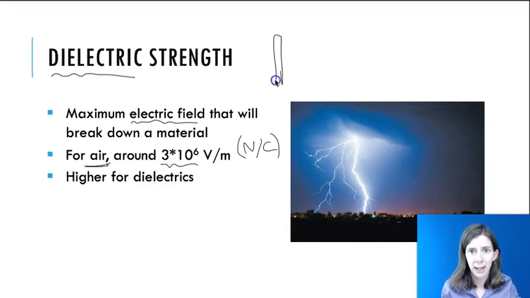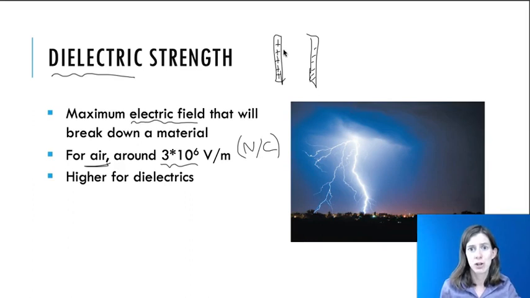If you don't have a dielectric and you have a capacitor, you might think, well, if increasing the voltage increases the charge on the plates, why don't we just have a very high voltage on those capacitors? Well, if the voltage gets too high, then the electric field gets too high. It's going to break down the air here, and the charges will start flowing, and your capacitor will be discharged.